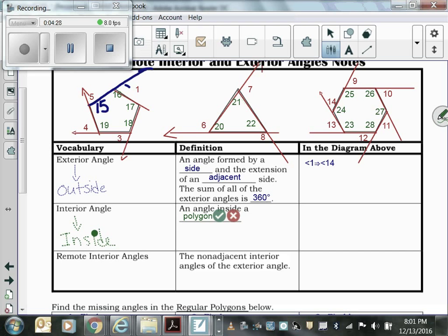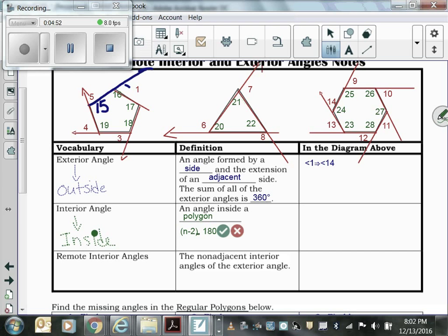Now, if you don't remember, how we find how many degrees are inside of a polygon is by adding all of those angles together. But we can also use that formula of n minus 2 times 180. That will tell me the total number of degrees inside my polygon.